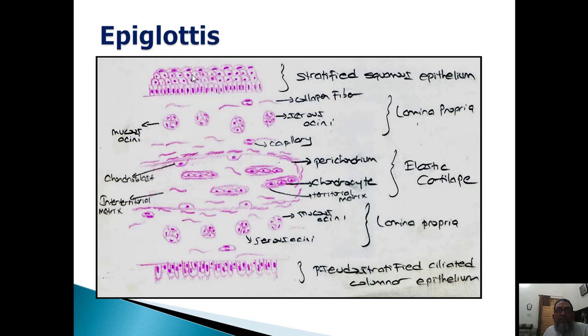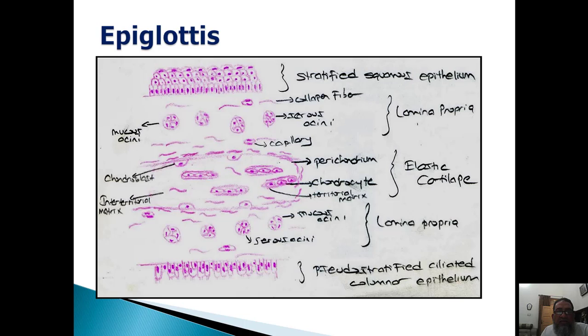When friction is there, nature has provided a protective mechanism of a keratin layer. But the epithelium is usually stratified squamous on the glottic or tongue side. Then the lamina propria has the same feature: loose irregular tissue with scattered acini of mucus-type cells.